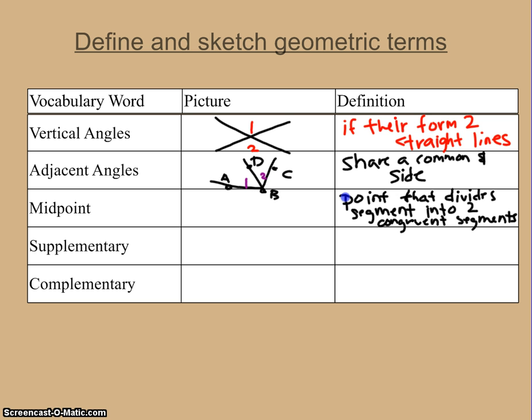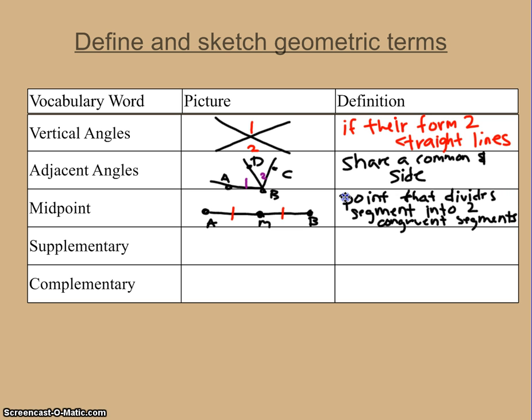So, an example of that, the way we draw that, draw our A, our B, here's our midpoint. Now the thing that you have to make sure you put in there to show that it's a midpoint are those two lines saying that those two parts are congruent, those two sides are congruent.